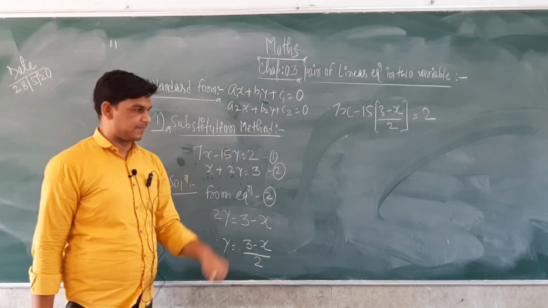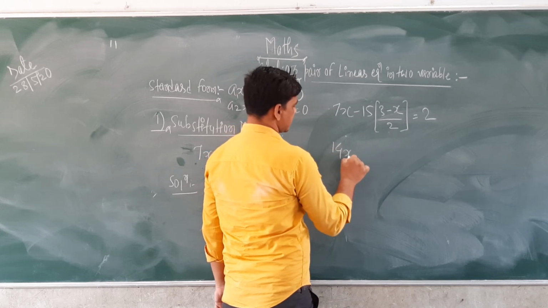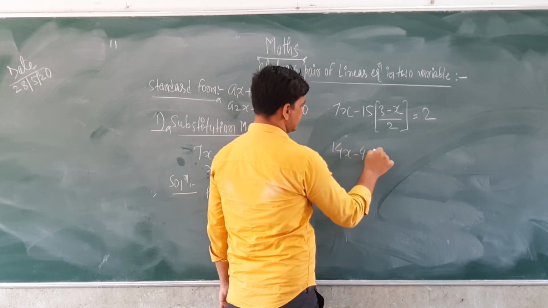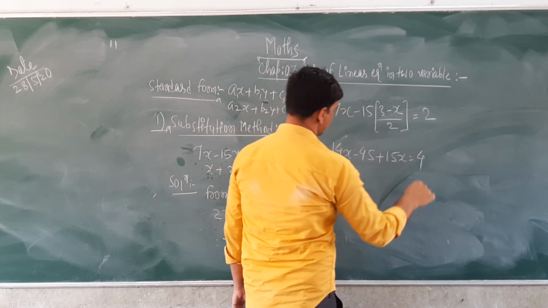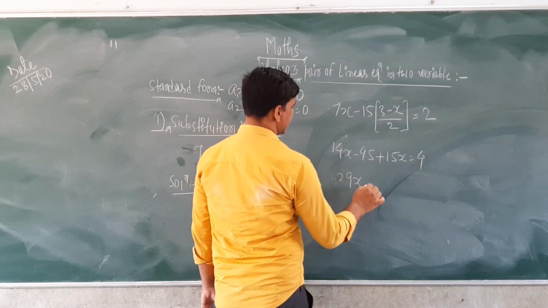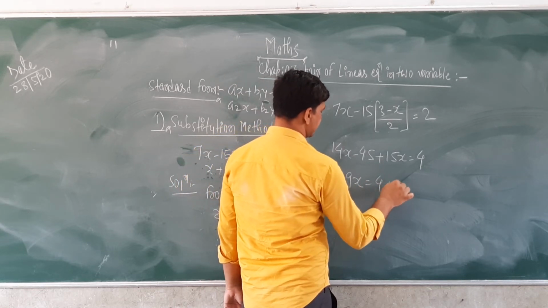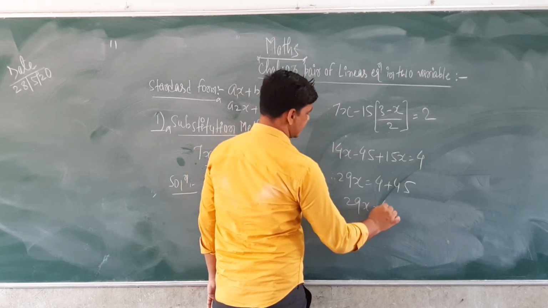Now 7 2s are 14x, minus 15 3s are 45, minus minus plus 15x, is equal to 2 2s are 4. 14 plus 15, 29x. 29x is equal to 4 plus 45. So 29x equals 49.